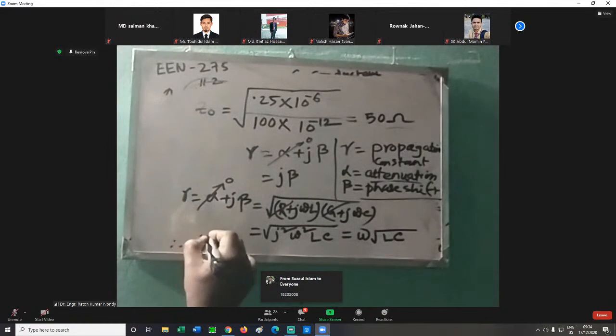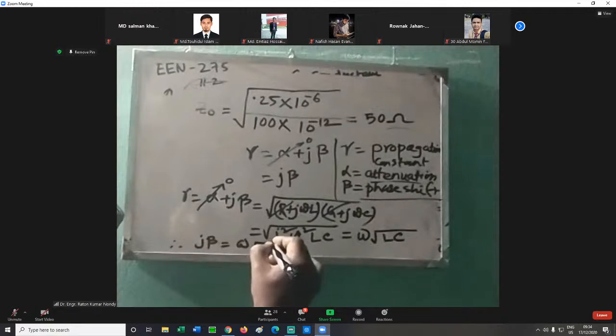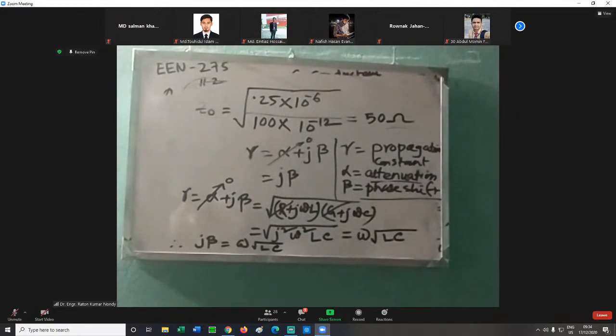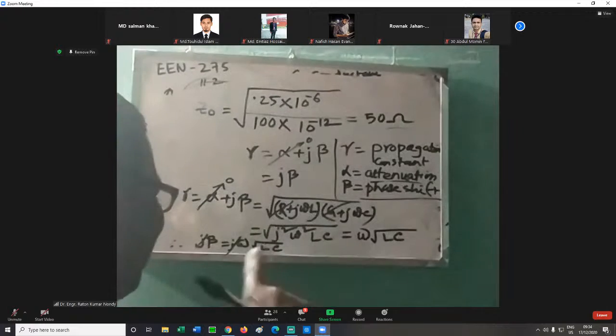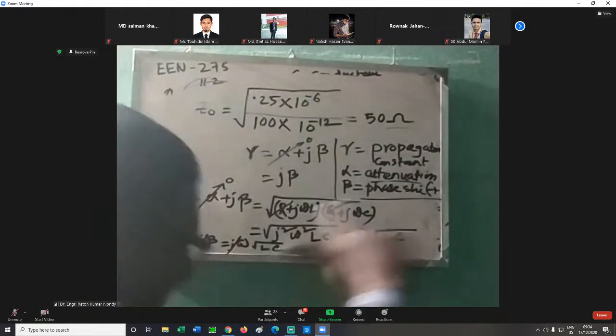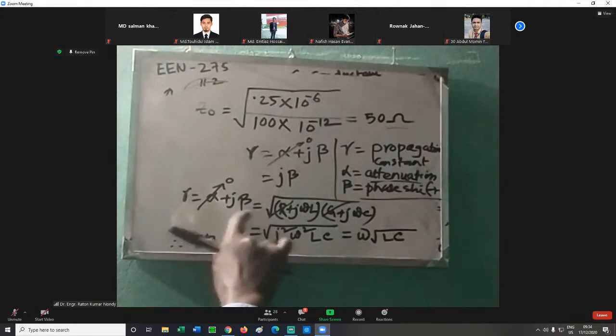So j beta equals j omega root LC. You can take both sides. We have found a very nice formula. You see what we have found: beta equal to omega root LC. You see how we have derived it, from gamma equal to alpha plus j beta. This is the formula.